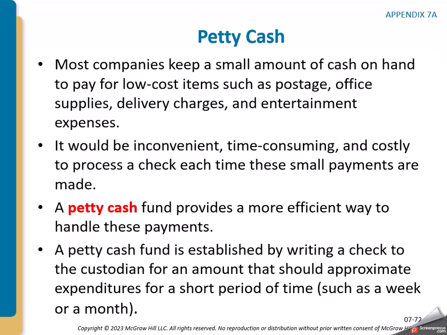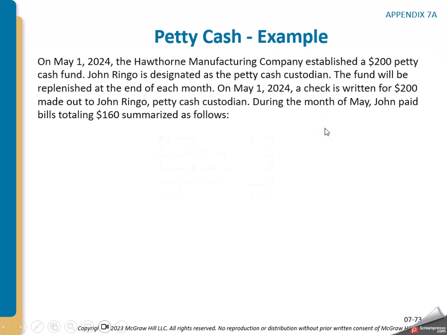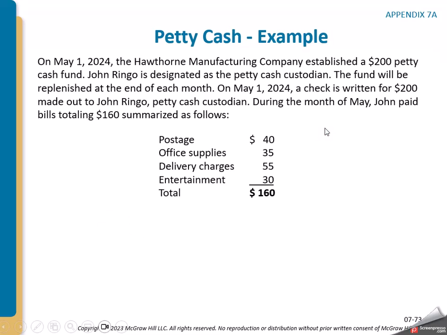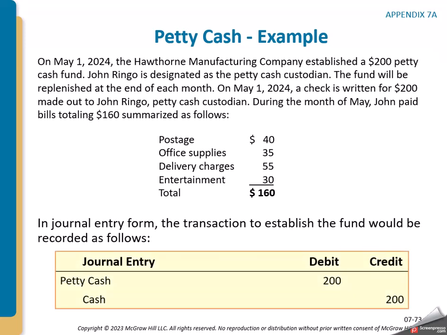Then some companies will have a petty cash box. The petty cash box is normally a small amount, maybe a few hundred dollars. If they're going to buy stamps or pay for a pizza or delivery fees, things like that, it's easier to do it with petty cash than giving those people company credit cards or checks. So at the end of the month, we look at what we disbursed out of our petty cash account, and then we do a journal entry to record it.